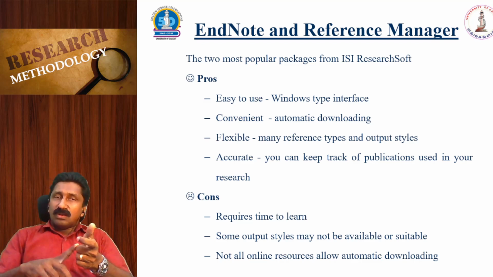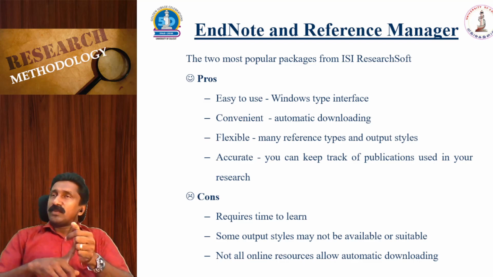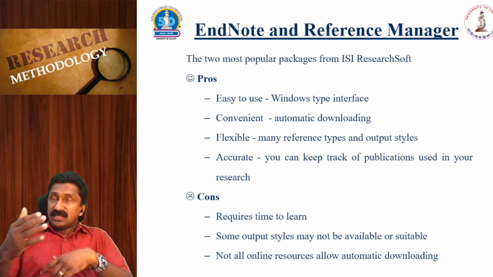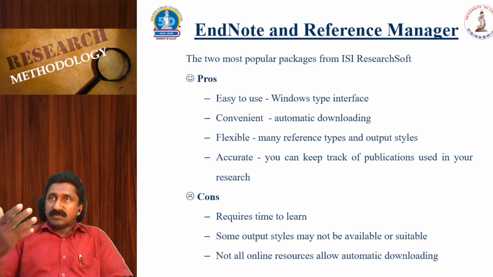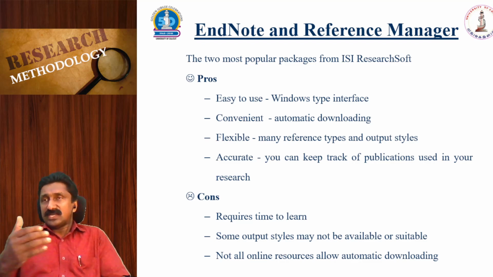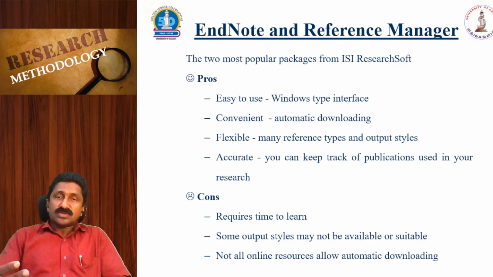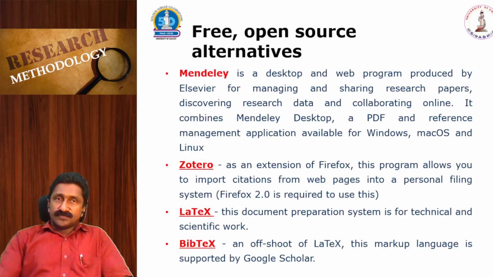And not all online resources allow automatic downloading. As I mentioned, it will update from the database or download your interested citations automatically. But many online databases may not support automatic downloading. In that case, the automatic downloading feature, which was previously mentioned, may not work.